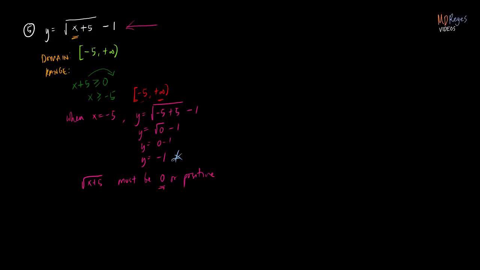Okay, so again, the lowest value for y is negative 1, and the highest value, we don't know that. It can be any positive number, right? So to denote that, we start from negative 1. Again, y can be equal to negative 1. We can see that. And that happens whenever x is equal to negative 5. And then y can be any positive number. So that's the interval notation bracket, negative 1, positive infinity, close parenthesis. So that's the correct answer.